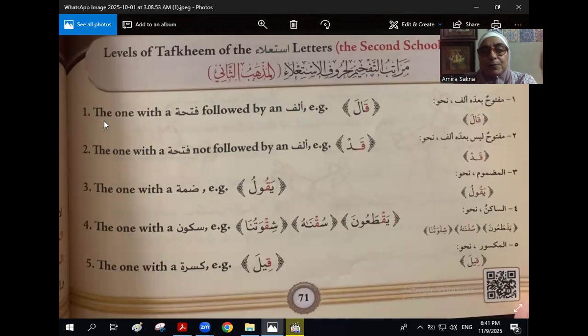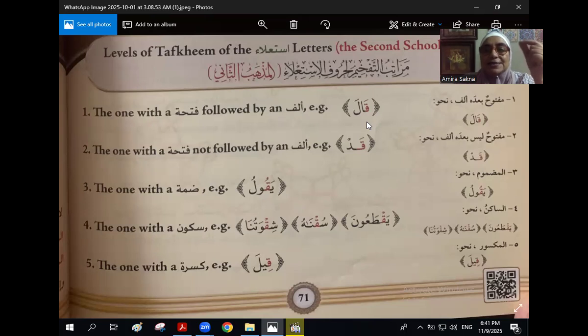So regarding the levels of tafkhim of the isti'la letters, Ibn al-Jazari said that the highest is the one with the fatha followed by an alif, like qal.